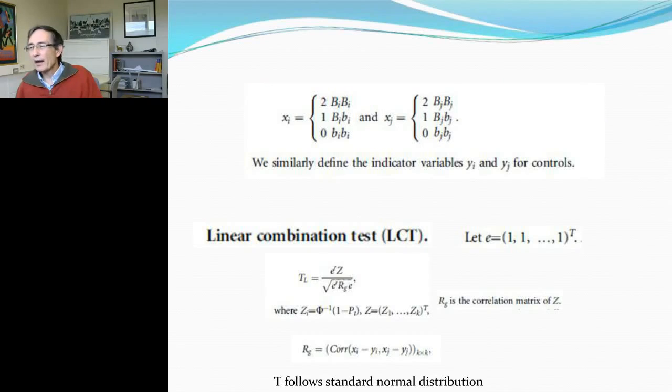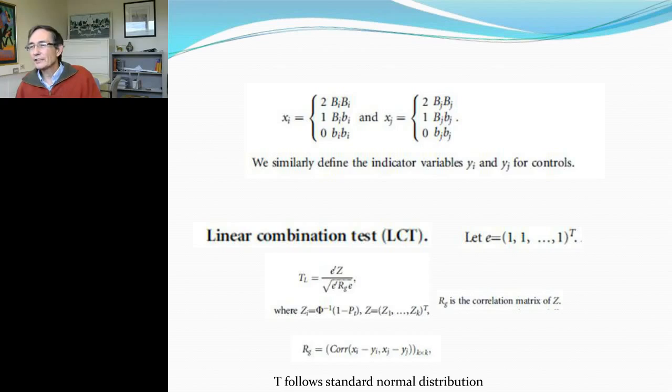There's also a nice paper referred to in the last slide by Carr et al. on primary biliary cirrhosis. In this application, two different tests were developed. One was a linear combination test, in which the p-values at each position were summed together and adjusted for the correlation among the SNPs.